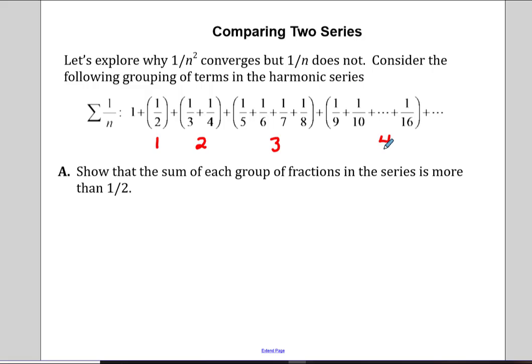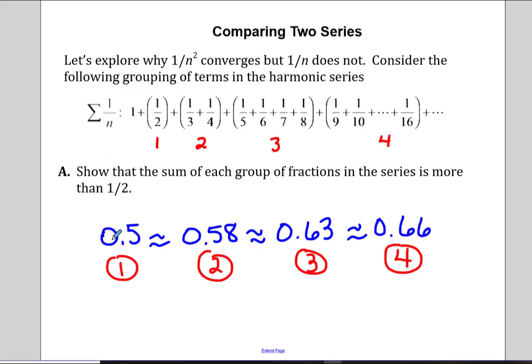We want to show that the sum of each group of fractions in the series is more than 1/2. So turn off the video and grab a calculator, and let's get an estimate on those 4 groups. Did you get the same estimates as I got? We can see that each estimate is more than a half.